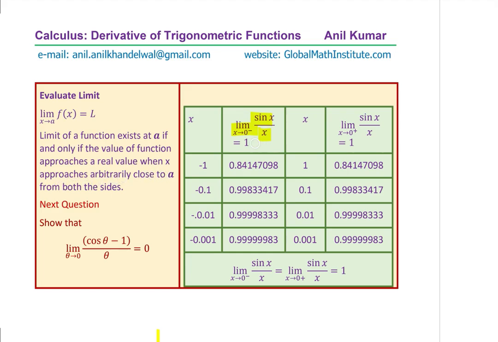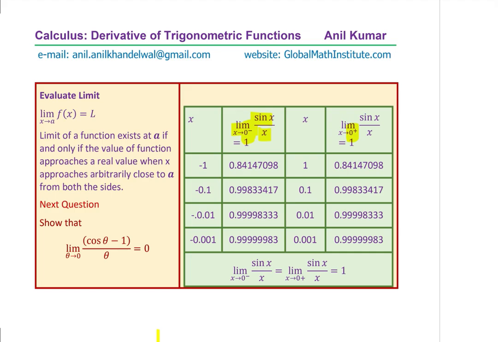So what we are doing here is trying to approach x equals to 0 from both the sides. When I write minus 1, it means from the left, and when I write 0 plus here, it means from the right hand side. Is that clear to you?